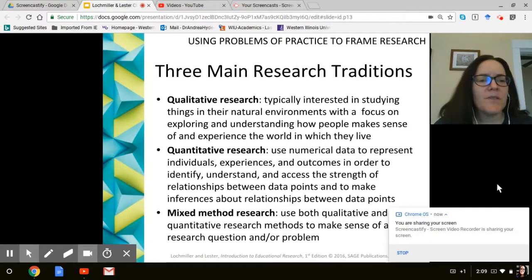The three main research traditions that your authors list are qualitative, quantitative, and mixed methods. And then they add in applied research as a different kind of research tradition, although if you're classifying them by the methodology and the methods, then applied research doesn't really fit this scheme, because applied research could use qualitative methodologies, quantitative, or both, and that's mixed methods research.